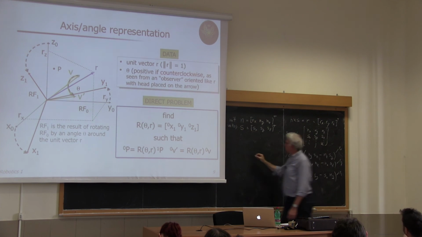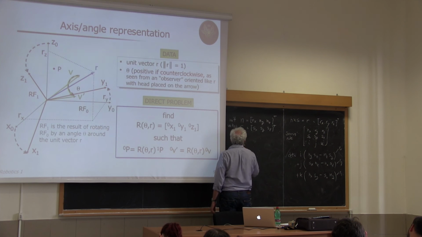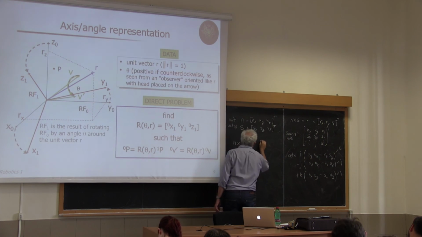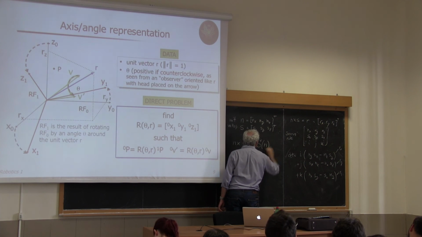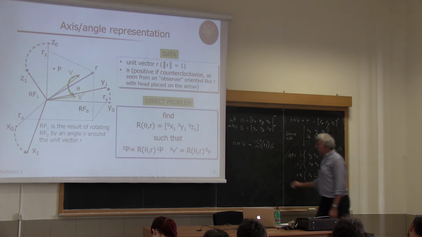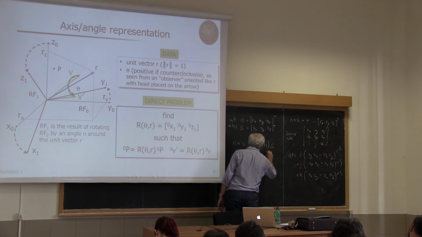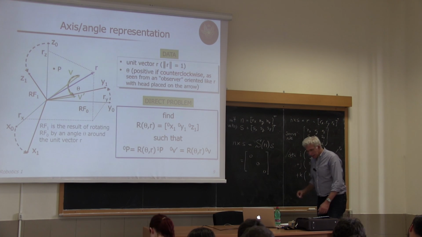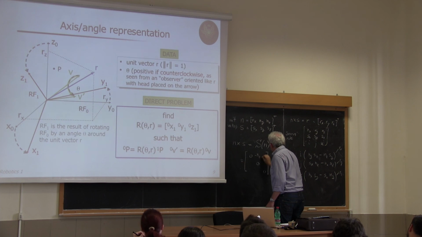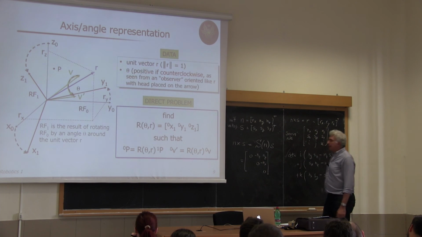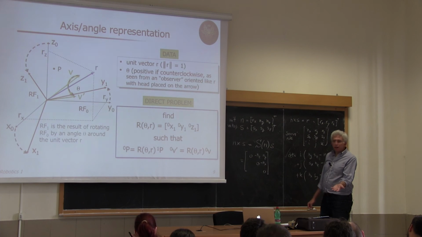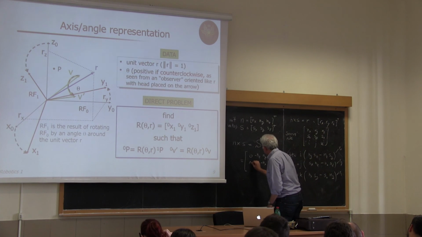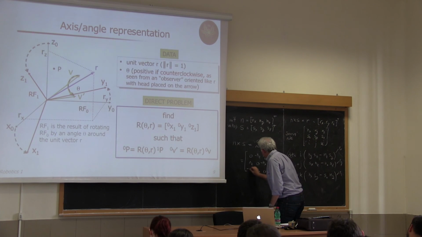I will use this notation, and I'm writing that n vector s is also written as a skew-symmetric matrix which contains the elements of n times the vector s, where the skew-symmetric matrix is made as follows. 0 on the diagonal, and then the elements minus nz and ny and nx with a minus, and then being skew-symmetric, the other elements are exactly the opposite of this, so nz and nx and minus ny.